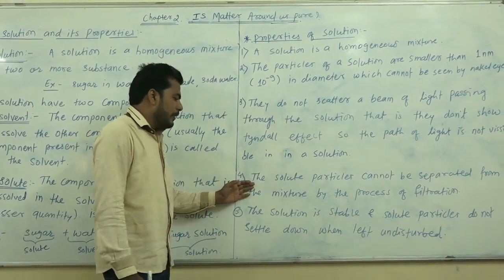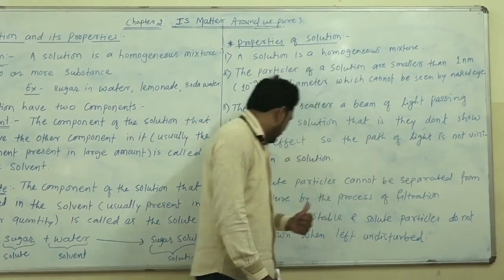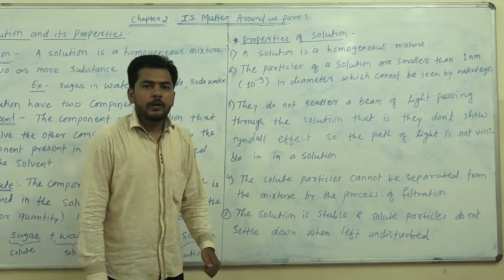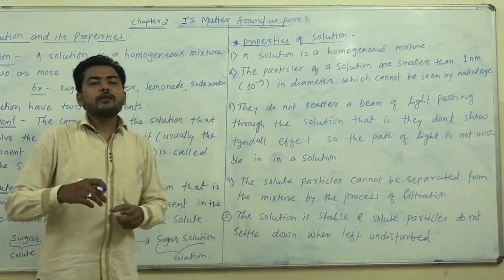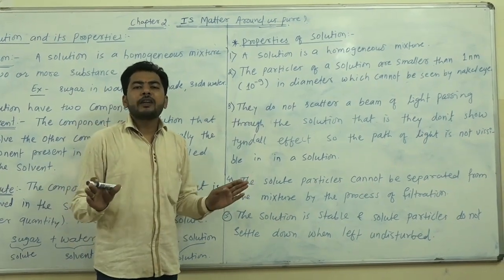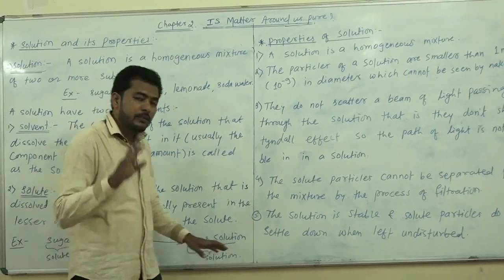The fourth property: the solute particles cannot be separated from the mixture by the filtration process. Whenever the solution is filtered, the particles will not get separated from the solution. Keep in mind, this is the fourth property.